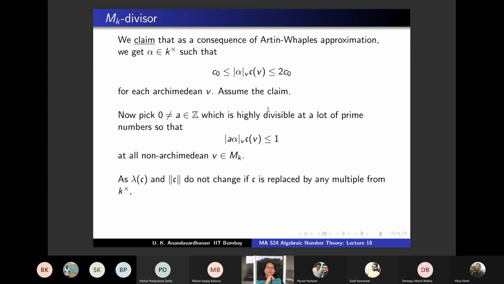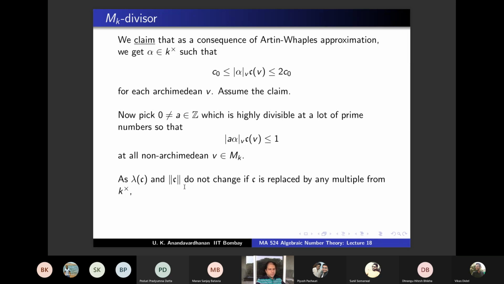Now we have observed earlier that both lambda C and the size of C, so my definition had one more typo, there is a subscript K here, one capital N missing and subscript K here. So lambda C and the size of C both do not change if C is replaced by any multiple from K star. Lambda C does not change because L(C) and L(alpha C) are in bijection.